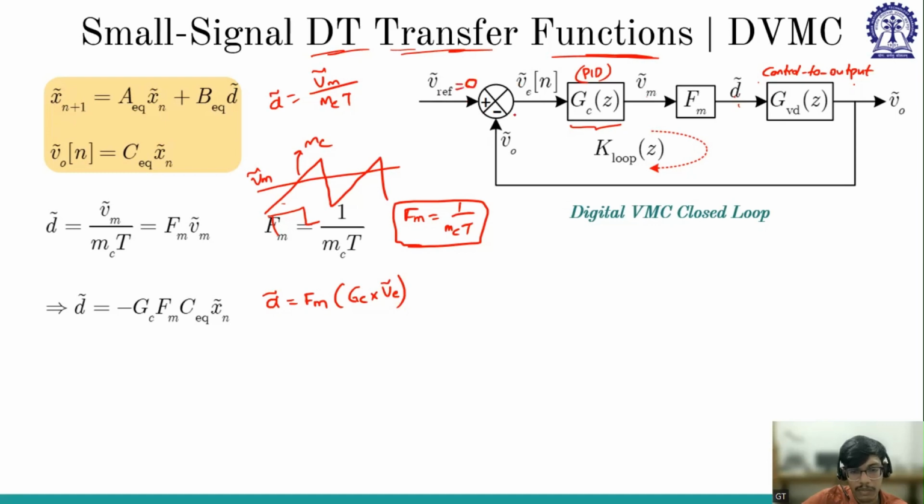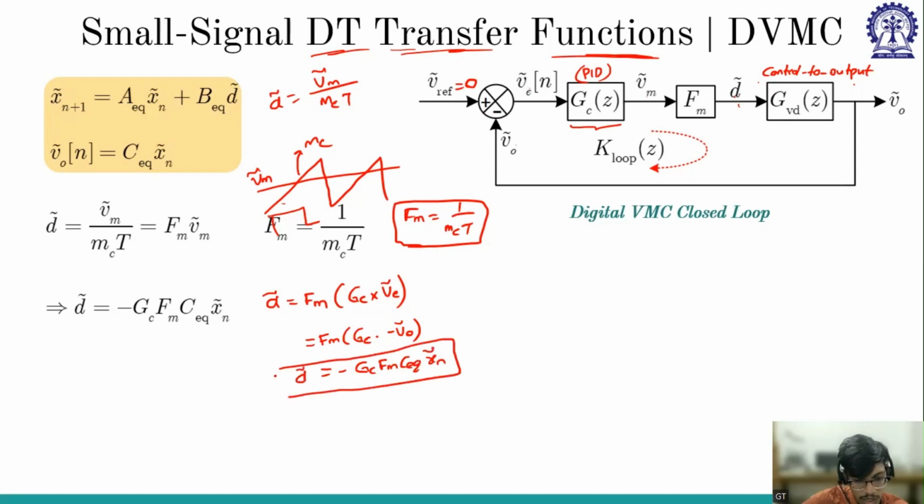Then my VE perturb is minus V0, right? So FM into GC into minus V0 perturb. And V0 is what? C equivalent into XN, right? So I'll get minus GC FM C equivalent into XN perturb as my D perturb.